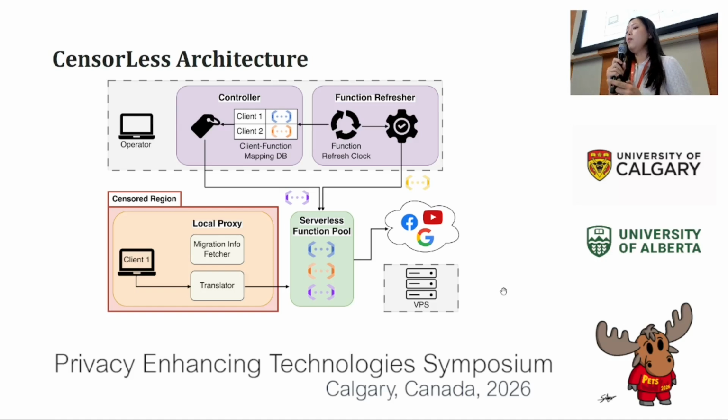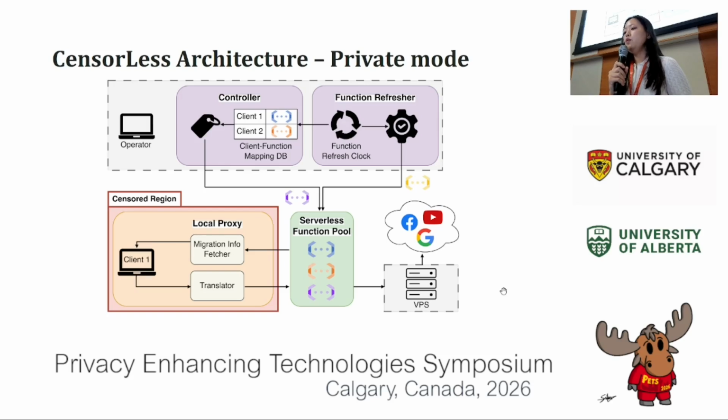So let's say the purple one is the next bridge, and this purple one's URL address is tagged to the blue Serverless bridge, and the migration information fetcher in the local proxy fetches the next Serverless URL, which is the purple one, from the blue one. And the following request is sent to the purple Serverless bridge, and this whole migration process is seamless.